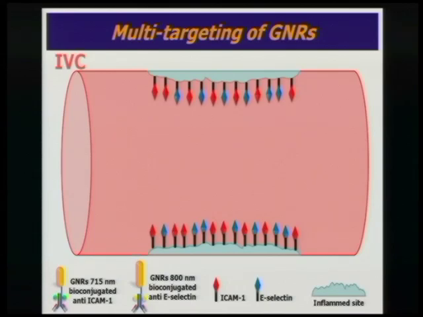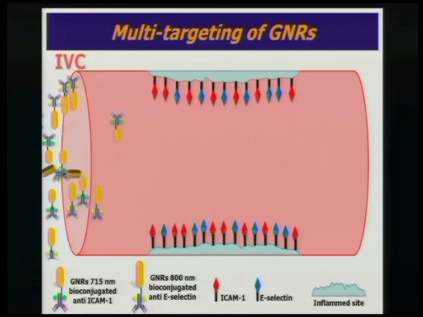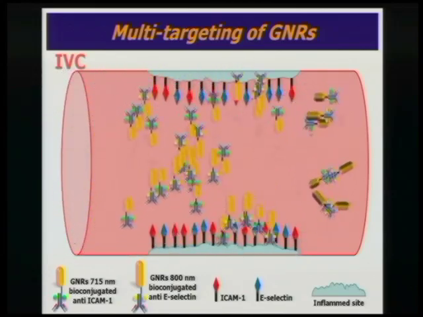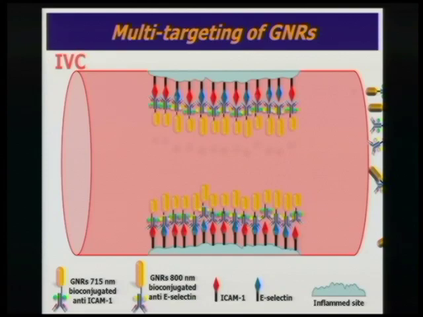Then we inject a cocktail of these different nanoparticles, ICAM1-bound and E-selectin-bound, and the antigen will find the antibody and line up. If you shine 750 nanometer, only these particles will beep. If you shine 800 nanometer, only these particles shine. Then we know that at this site there is ICAM1 overexpression, and also E-selectin overexpression, this much and that much.